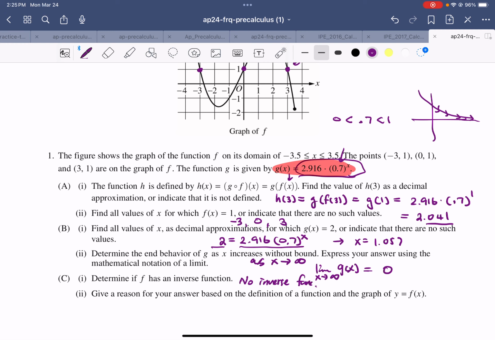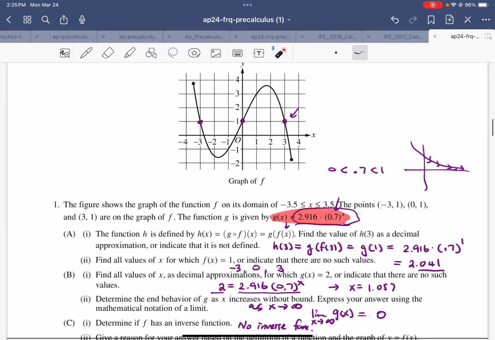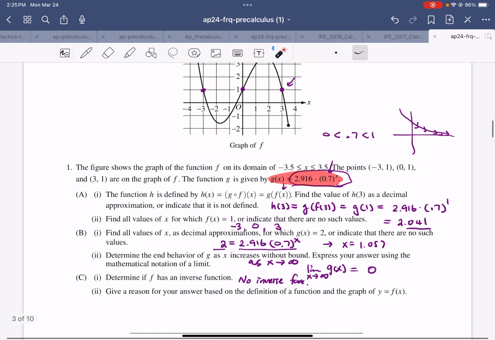And then give a reason for your answer based on the definition of function on the graph of y equals f of x. You can say there are more than one input values mapped to one output value. For one output value, when y equals 1, you have 3 different inputs, right? If you have more than one input value for the same output value, that means it doesn't have an inverse function.